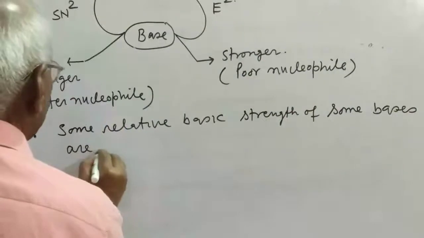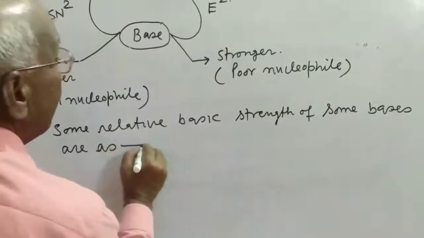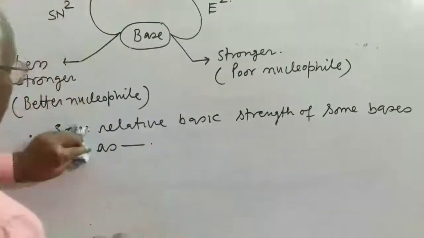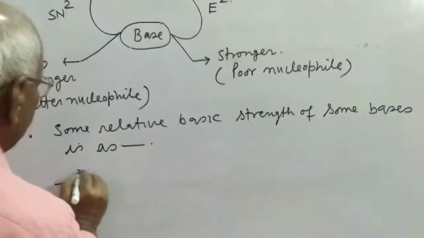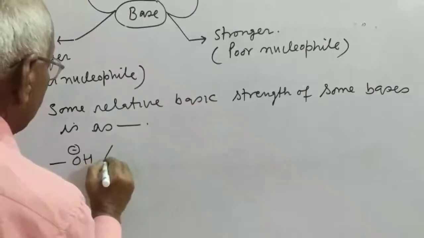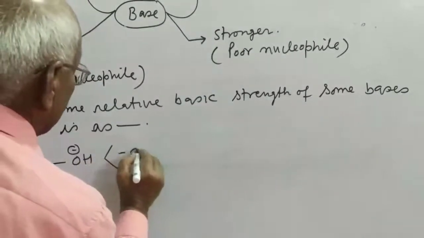Hydroxide ion is a poor base in comparison to methoxide ion.